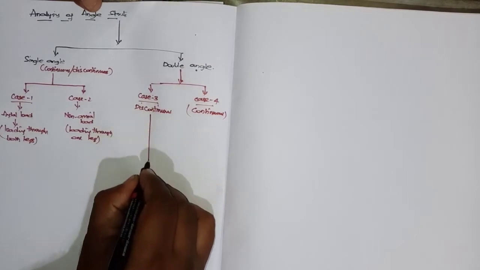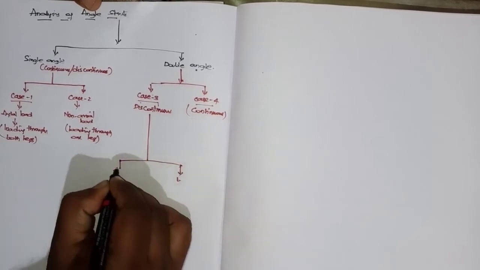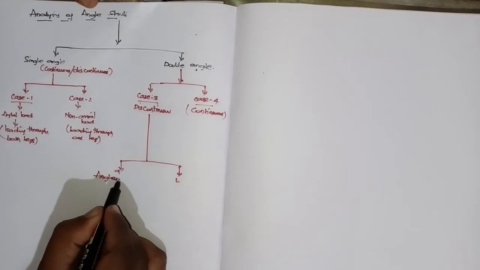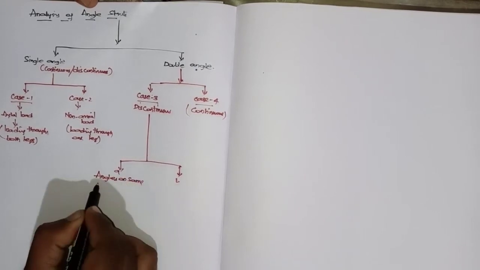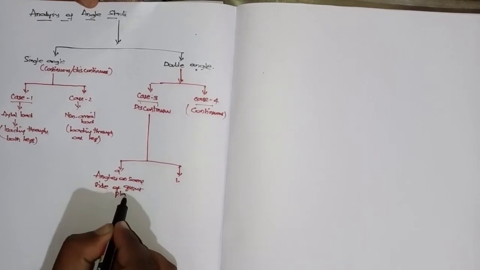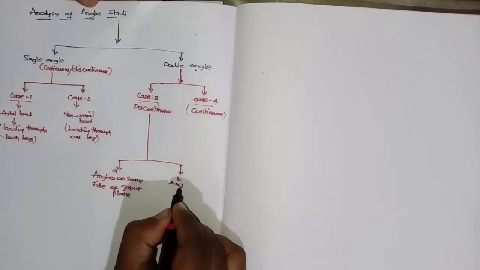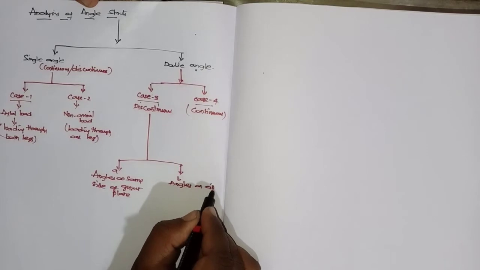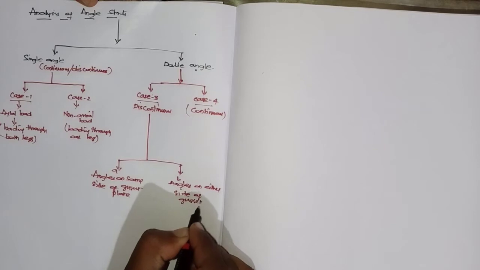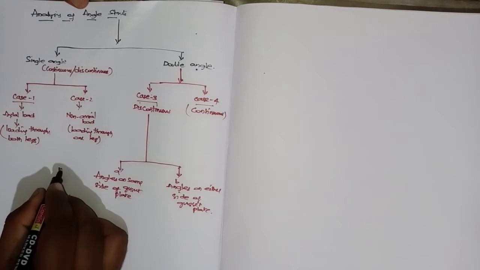If I take this case 3, again you will be having two parts: angles on same side of gusset plate, and angles on either side of gusset plate.